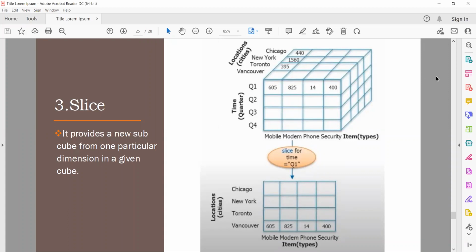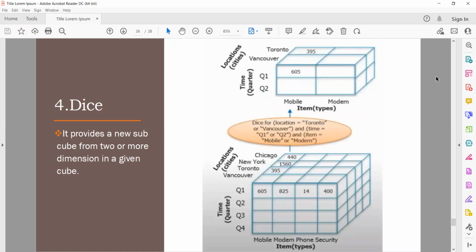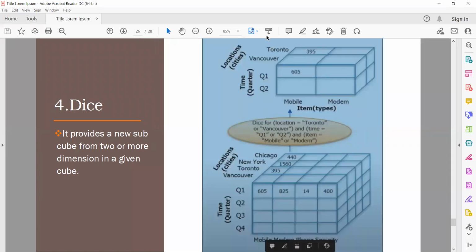Can someone tell me what is the 4th one? Dice. Yeah, very good. Dice means it contains more than one dimension. If I am cutting by this, let's say if I cut like this, it contains this one dimension, this one, and this one, 3 dimensions.